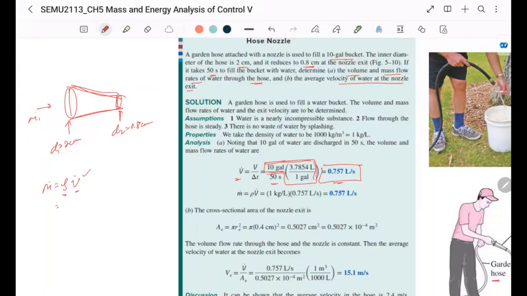Density for water is quite standard. It's almost incompressible, which is 1 kg per liter, or 1,000 kg per meter cube.